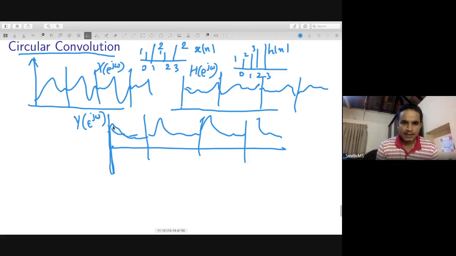Now suppose that you sample it, you take only one period. If you take only one period, what happens? Suppose that you take the samples of this ω.